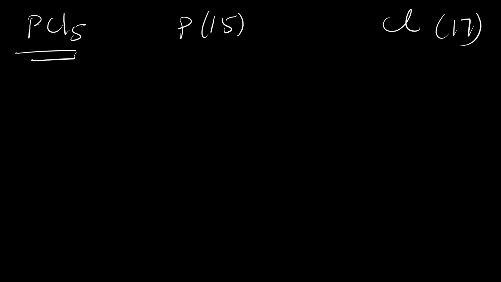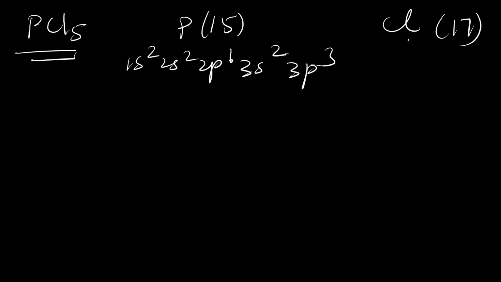like PCl5. So phosphorus and chlorine. Atomic number of phosphorus is 15 and chlorine is 17. So we write its electronic configuration. So this is the electronic configuration of phosphorus, and for chlorine 1s2, 2s2, 2p6, 3s2, 3p5.